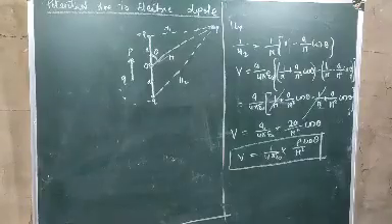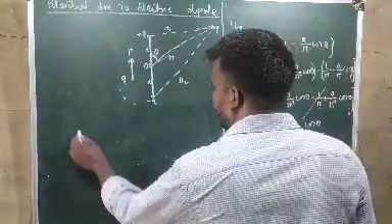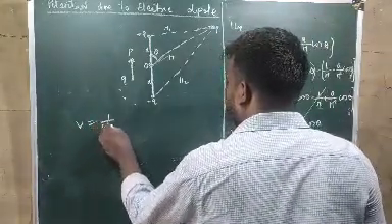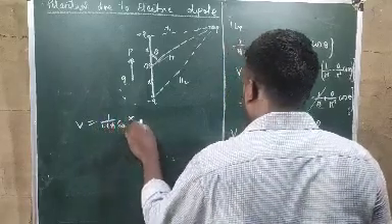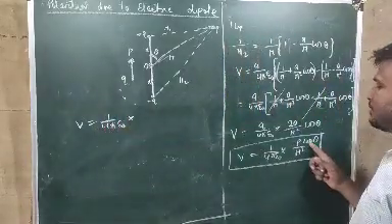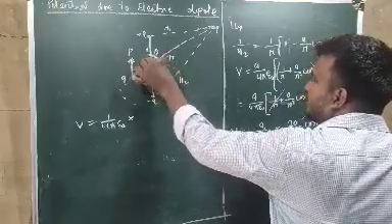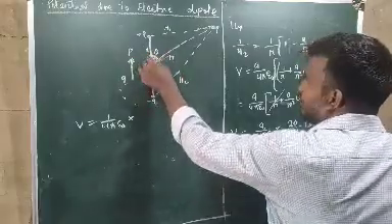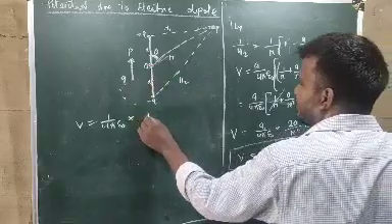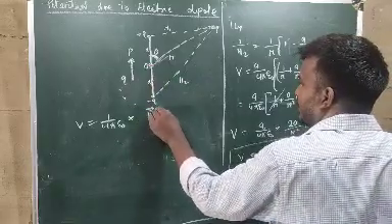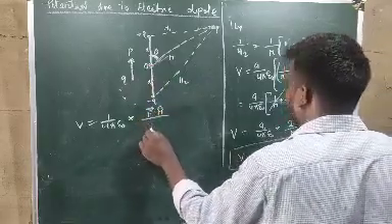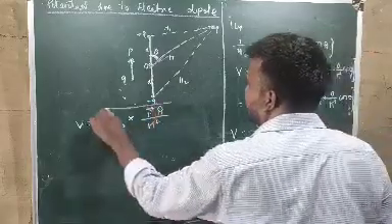Now in vector form, we can also write V equal to 1 by 4 pi epsilon naught multiplied by p cos theta by r square. But theta is the angle between what? Theta is the angle between r and p. So we can write p vector dot r cap divided by r square. Now why can we write like this?